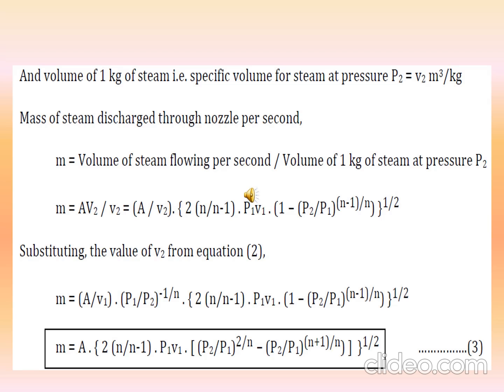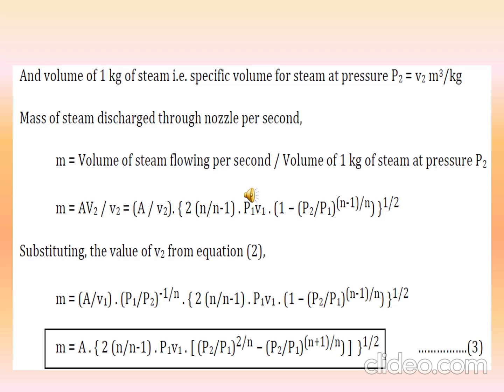Okay, so m equals A into the square root of 2 into n by n minus 1 P1 V1 into P2 by P1 to the power 2 by n minus P2 by P1 to the power n plus 1 divided by n. Okay, so this is our mass of flow discharge.